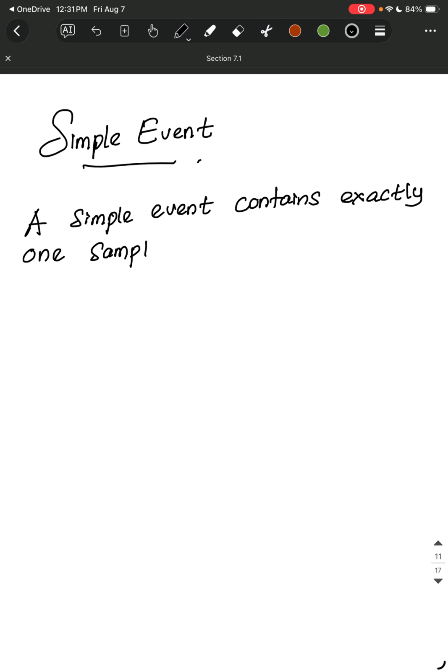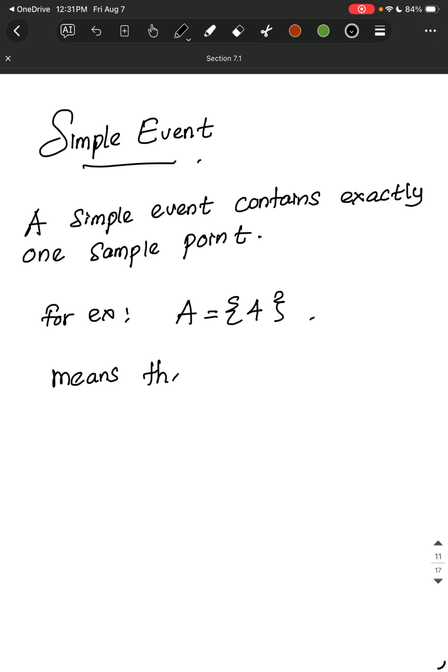For example, if the event A contains only the number 4, it means the event of rolling a 4. Since it contains exactly one outcome, it is a simple event.